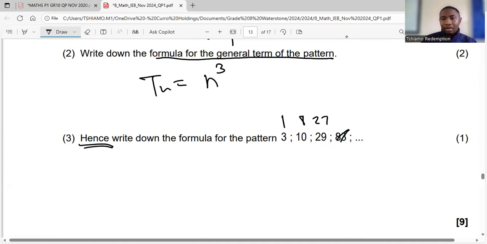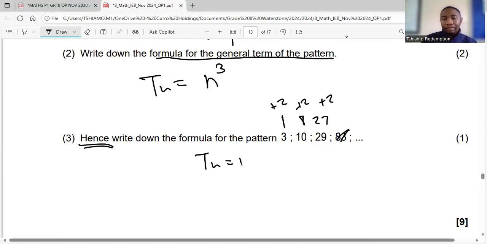I'm gonna cut this one out because of it. The other one, it's wrong. So this one is also wrong. So from this to that, they're adding 2. From 8 to 10, they're adding 2. From 27 to 29, they're adding 2.